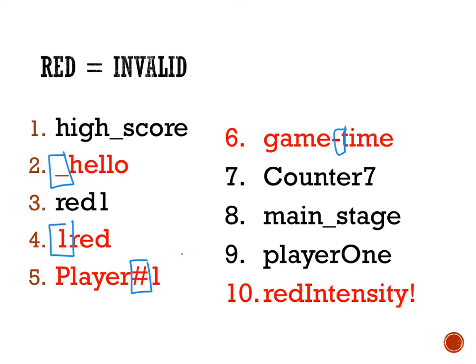If you want to distinguish between two words, my advice is to write something like game and then capital T, time, to distinguish that the next word is starting. Then the rest in the middle are okay. Note that this underscore is okay. It's the one symbol that is allowed. And then in number 10, same as number 6 and number 5, that exclamation point is not allowed. You cannot have an exclamation point in your variable name.